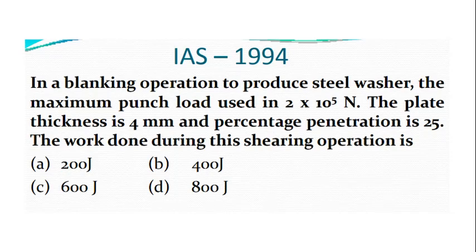Option A. B. Here, yeah, it is coming as option A. Again, work done will be force into displacement. First, we will calculate. Okay, force is given only, 2 into 10 power 5. What is the displacement? Coming as 4 into 0.25, right? So W will be 200 joules. Option A is correct.